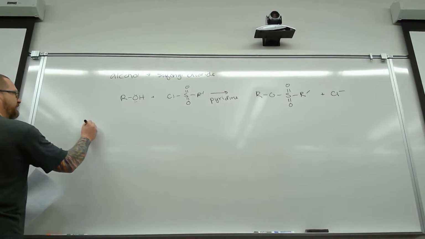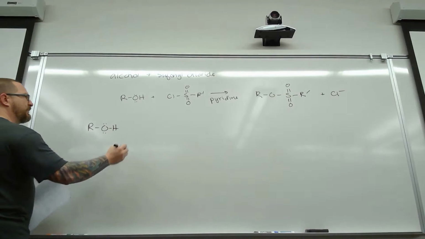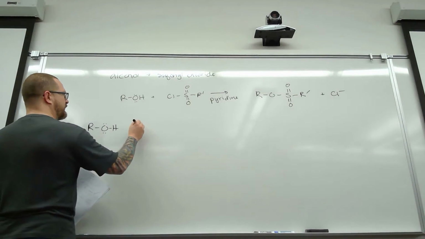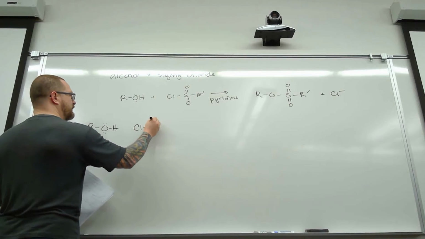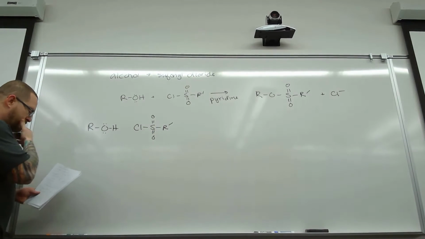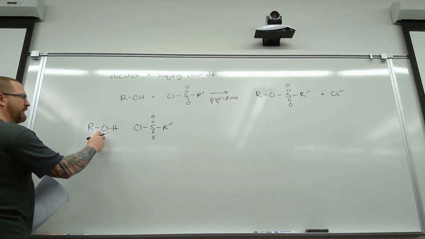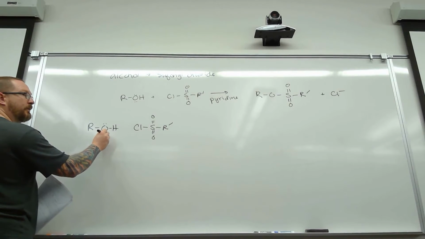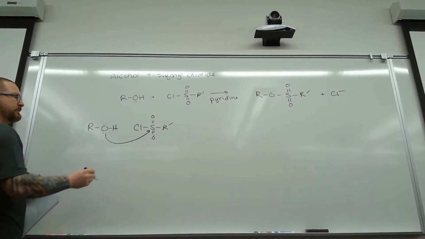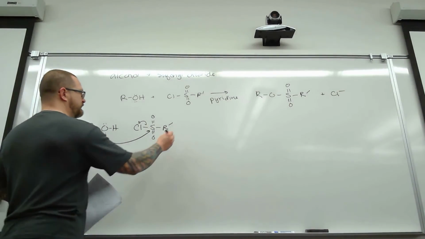Mechanistically, let's go ahead and push the electrons real fast, because there's going to be an important point to this mechanism that differentiates it from some of the other techniques that we've already covered. Like I said, we initiate with the alcohol being the nucleophile, attacks the sulfur, kicks off the chlorine.